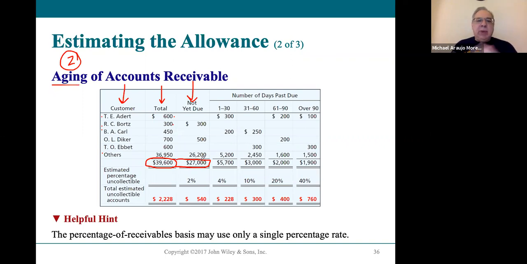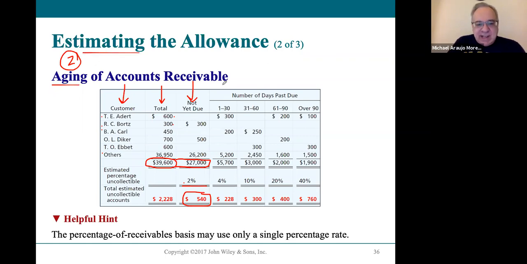We're still waiting. It's still within that 30 days period that you're waiting to collect. So it's not due yet. You're not worried about it. So you say, look, we think that only about 2% of these newest receivables will end up being uncollected in the very end, which means $540 of the 27,000 is going to end up as our bad debt. That's our estimate. We're estimating.